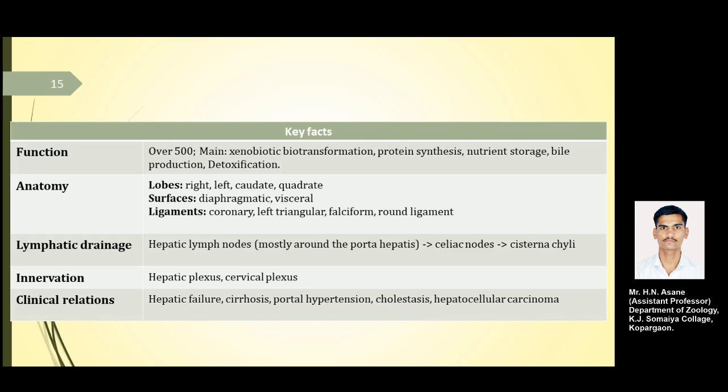The ligaments present in the liver are the coronary ligament, the left triangular ligament, the falciform ligament and the round ligament. For lymphatic drainage, that means the supply of blood and collection of deoxygenated blood, the hepatic lymph nodes are present, mostly around the porta hepatis, along with the celiac nodes.